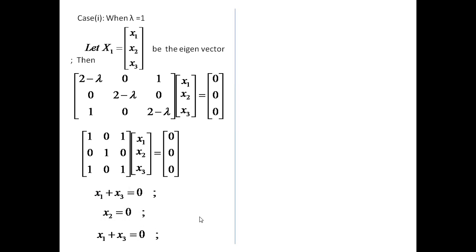Solving looks very simple, but it has an infinite number of solutions. So for that reason, you solve this type of equation by the cross multiplication method. Cross multiplication method means out of these 3 equations, you consider only 2 independent equations.